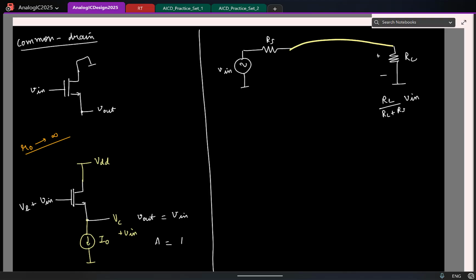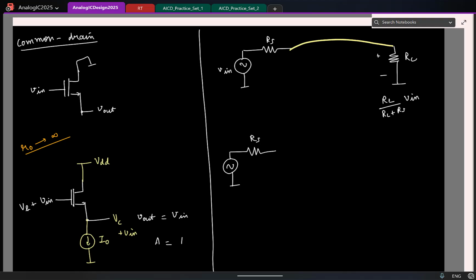So if my load is very small, or my source resistance is much larger than my load resistance, only a fraction of V in will appear across RL. So that's where we try to have something in between.